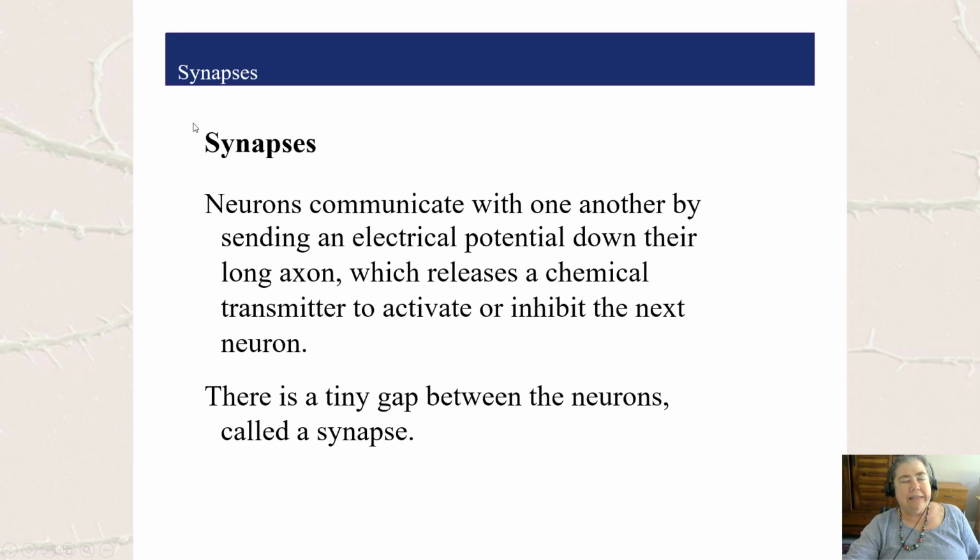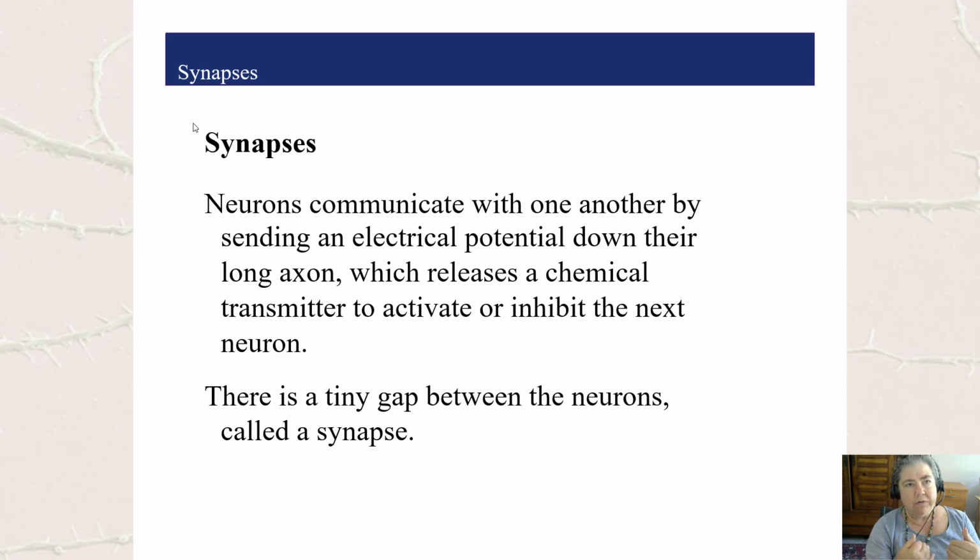In all cases, neurons communicate with each other through electrical and chemical messages. They send an action potential down the axon that releases a chemical into the synapse that either activates, starts a new action potential, or inhibits and stops the action potential at the next neuron.